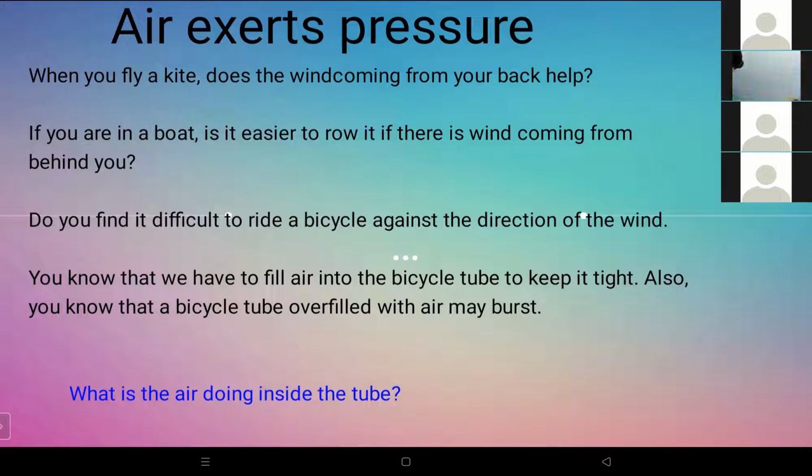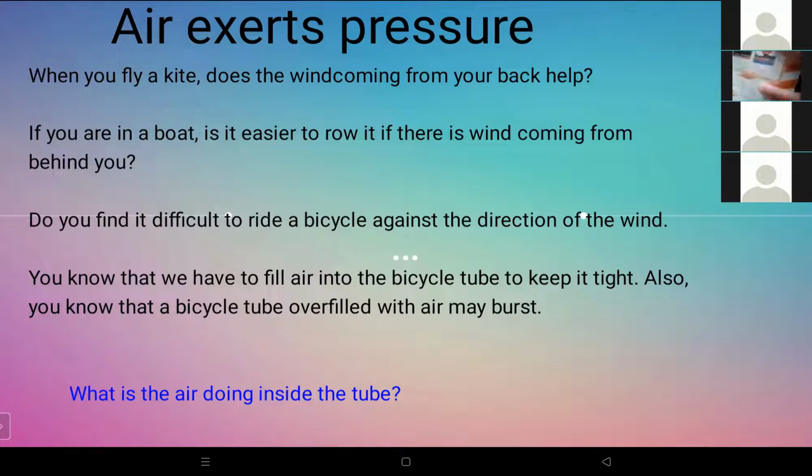You know that we have to fill air into the bicycle tube to keep it tight. Right? If the tube is overfilled, that may burst. Yes. What is the air doing inside the tube? It exerts pressure.